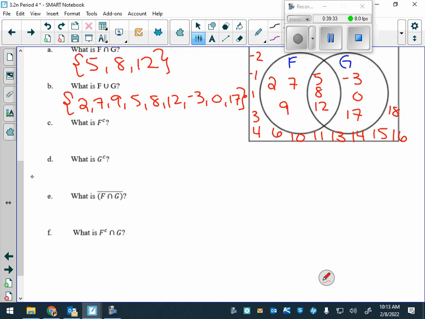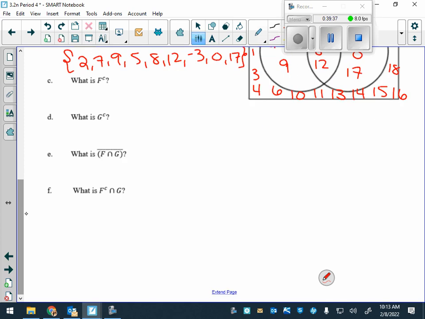Okay? And then the last one. What is not in F, but it's in G? So basically only G. What would that be? Yep. Good. Awesome. How many of you did get all of those correct?